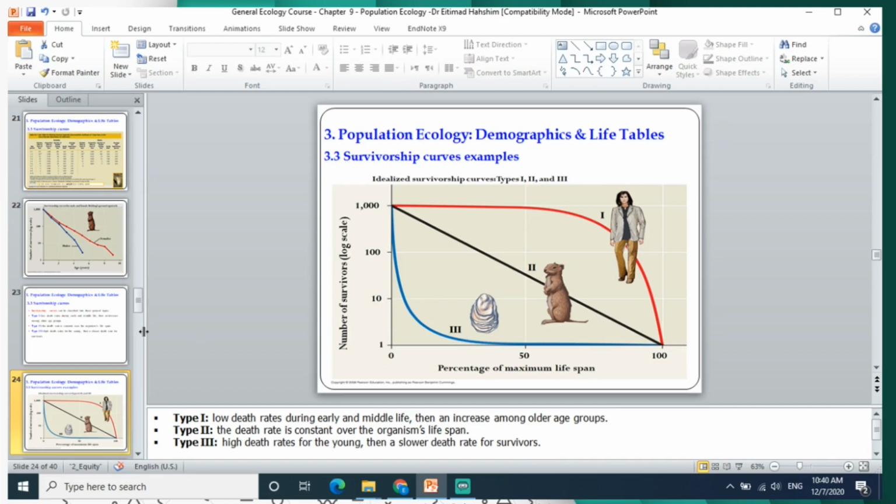So we have 3 idealized survivorship curves. Type 1: low death rate during early and middle age, but it increases with the old age groups. Type 2: the death rate is constant over the lifespan. Type 3: high death rate for the young, then a slower death rate for the survivors.